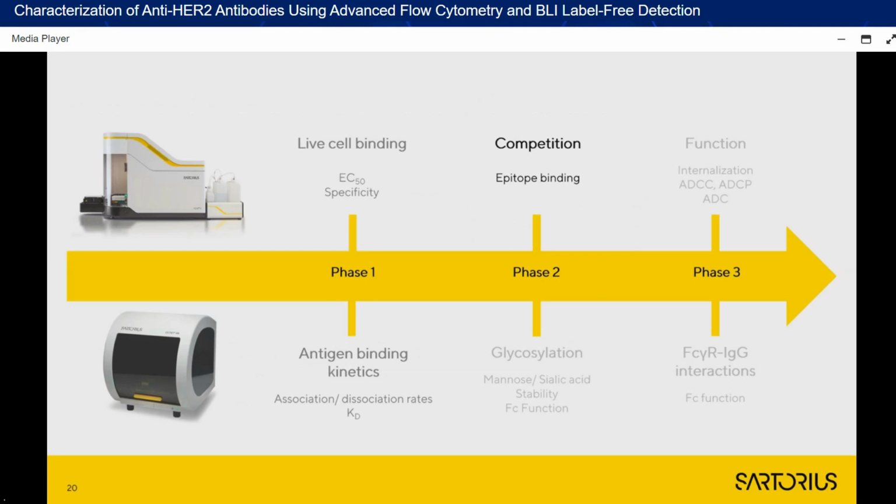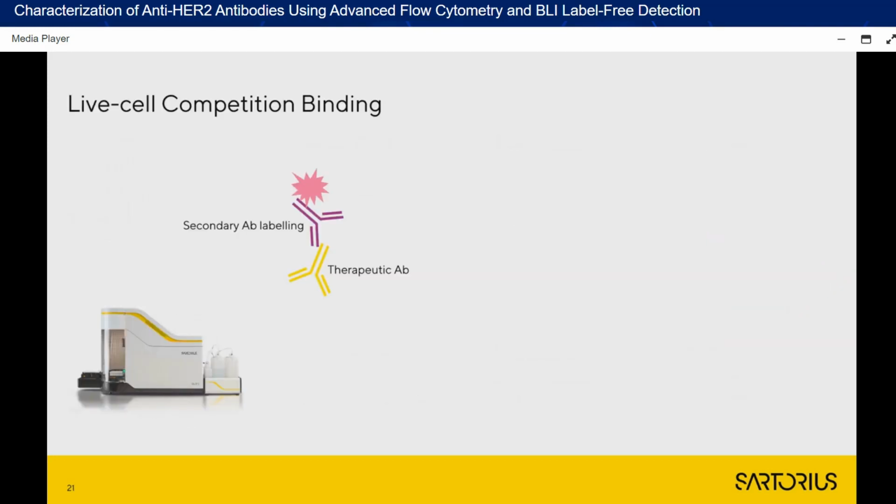So next we had a look at the competition binding using the iQue. This assay is set up slightly differently to the direct binding assay in that we started by taking a single concentration of the anti-HER2 antibody and labeling with the secondary antibody.